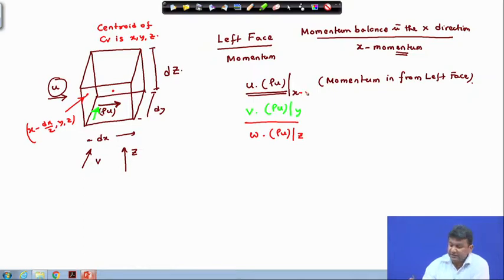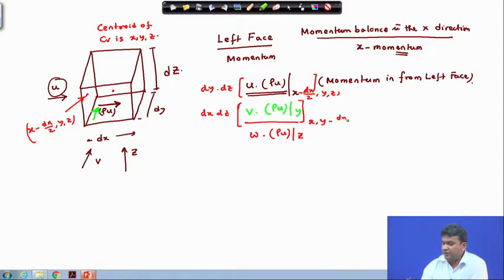Of course, you have to multiply it, that is something I missed out, with the cross sectional area, which is going to be dy into dz, and in this particular case it is going to be dx into dz, and this is evaluated at x, y minus dy by 2, z, and similarly this will get multiplied by dx dy, and this is evaluated at x, y, z minus dz by 2.